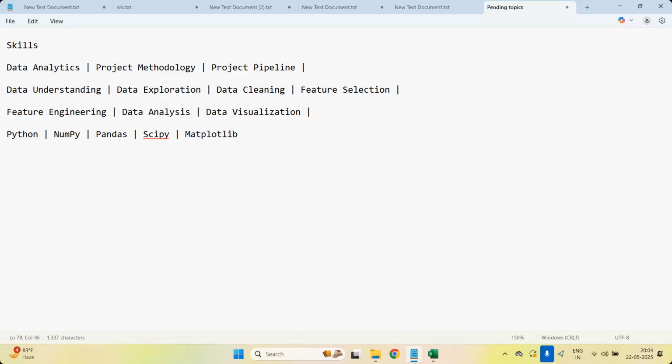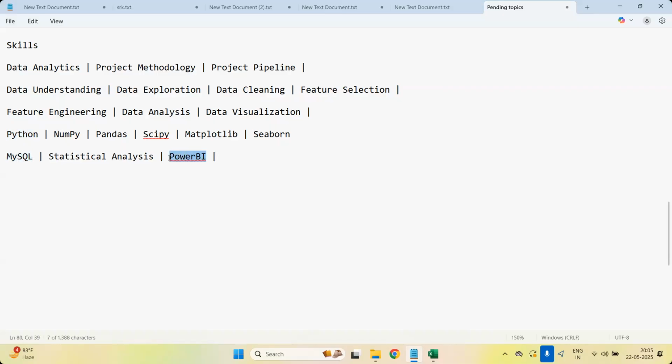Then MySQL, statistical analysis, and Power BI. Like this, these all come under your skills.